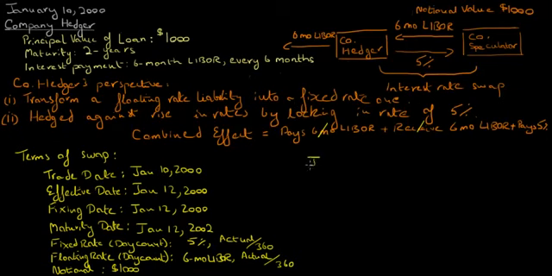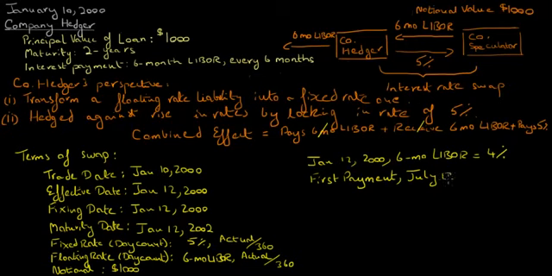Let's suppose that on January 12th of 2000, the 6-month LIBOR is 4%. The first payment will occur on July 12th of 2000 and will occur as follows.